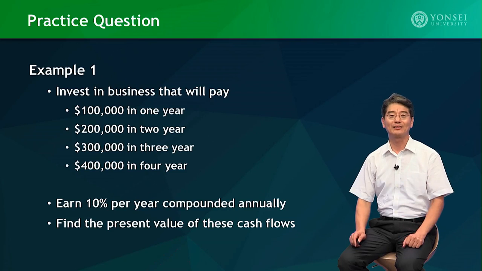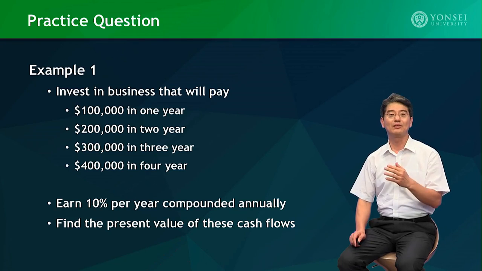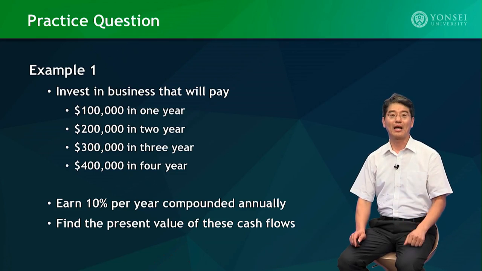Let's take a look at an example. Suppose you have an opportunity to invest in a business that will pay you $100,000 in 1 year, $200,000 in 2 years, $300,000 in 3 years, and $400,000 in 4 years. You can earn 10% per year compounded annually on a mutual fund that has similar risk.